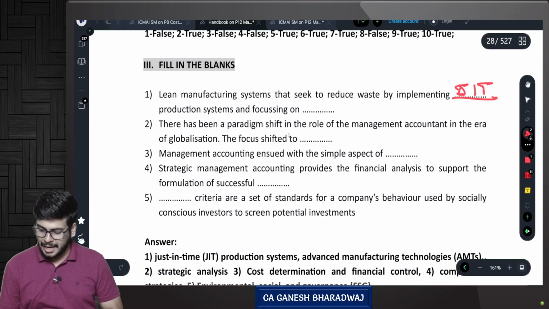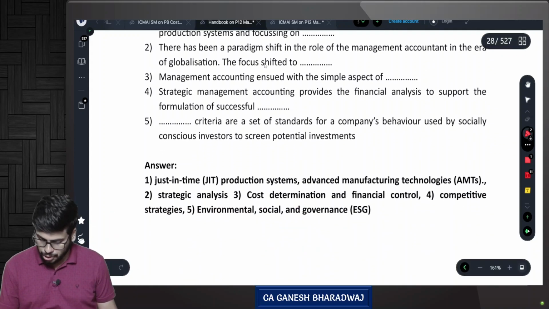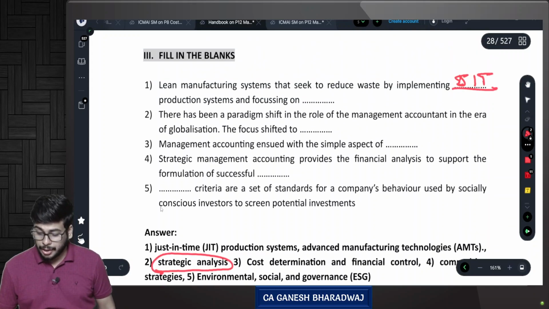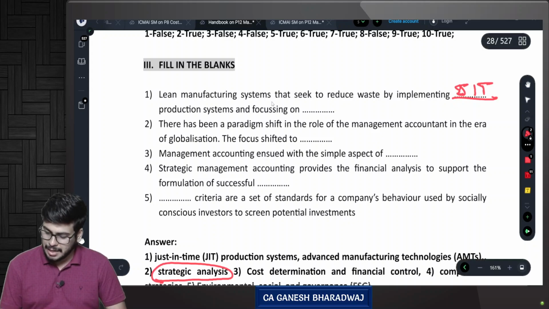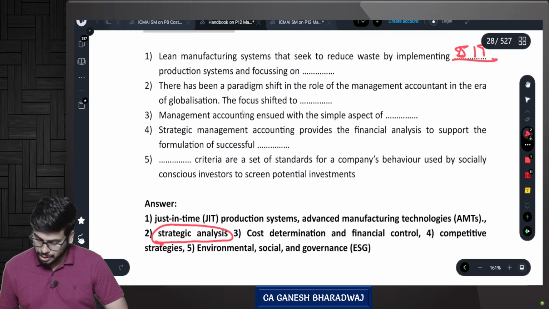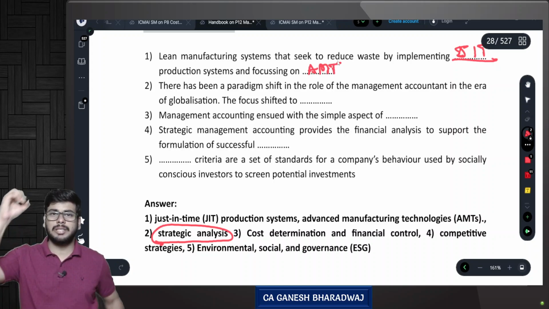There has been a paradigm shift in the role of management accountant in the era of globalization. We saw that the focus of shift is towards strategic analysis right now. Okay, I think I have not finished this. Lean manufacturing systems that seek to reduce the waste by implementing JIT production system and focuses on what? Advanced management technologies. So we saw this line earlier.